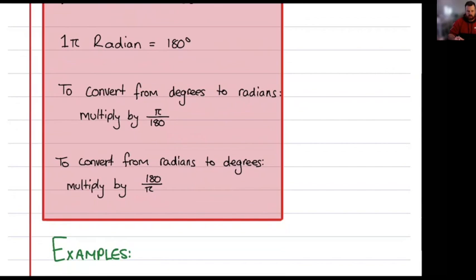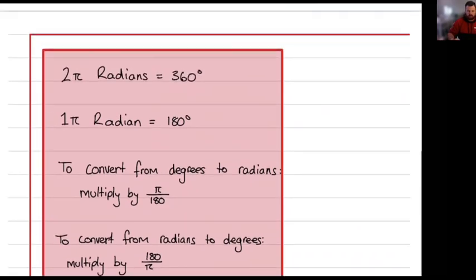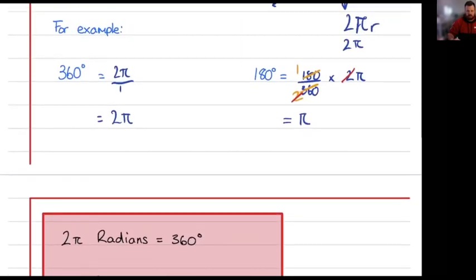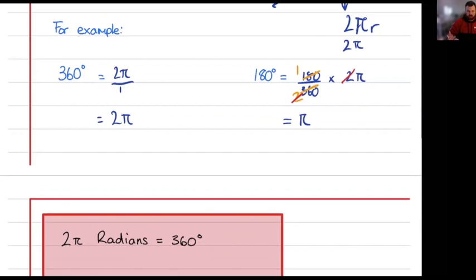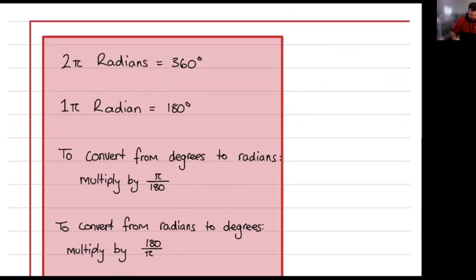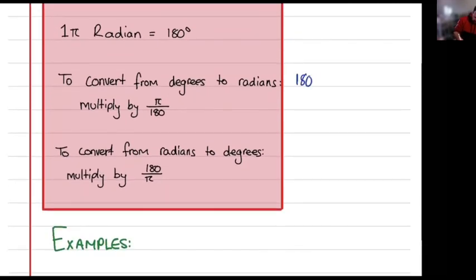It makes a bit more sense why it's exactly pi over 180 when we think that 180 degrees is just pi. If 180 degrees is equal to pi, and I divide both sides by 180, 1 degree is equal to pi on 180. So there's where that comes from.